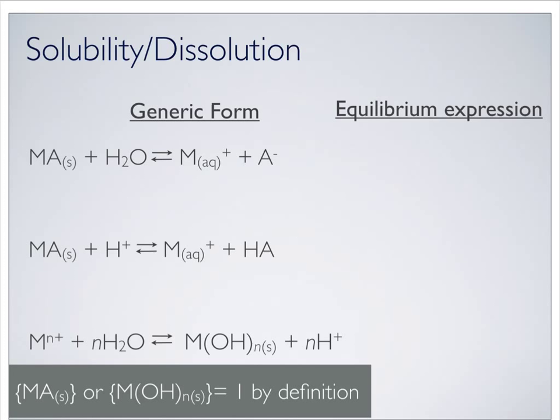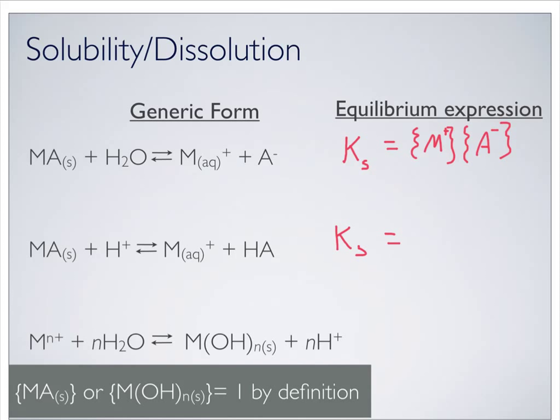So we can write our first solubility product, and since we're talking about solubility, this is going to be Ks, and it's going to be equal to the activities of our products, M plus times the activity of A minus. And I don't need to include either water or the solid in this because their activities by definition are going to be equal to 1. So that's our first equilibrium expression. We can then draw the second equilibrium expression. And in this case, again, it's going to be Ks.